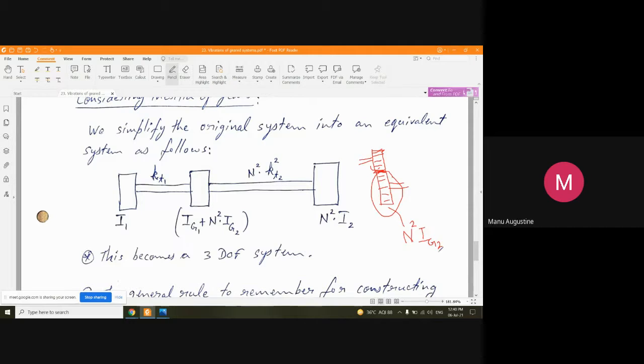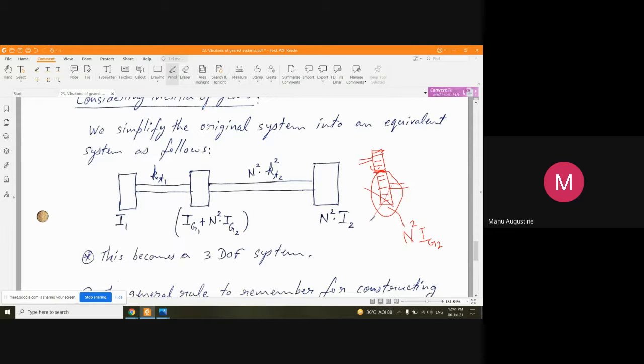The suffix G represents gear and I represents inertia. So IG2 means inertia of the gear on the driven side. If I want to replace it with an equivalent inertia figure, I have to multiply IG2 with n square.